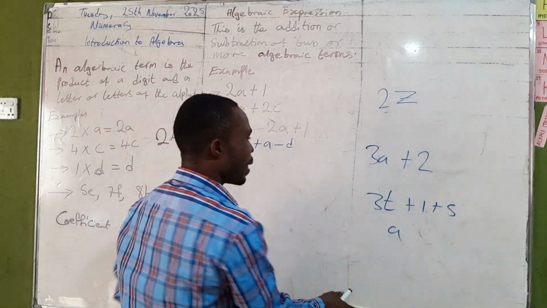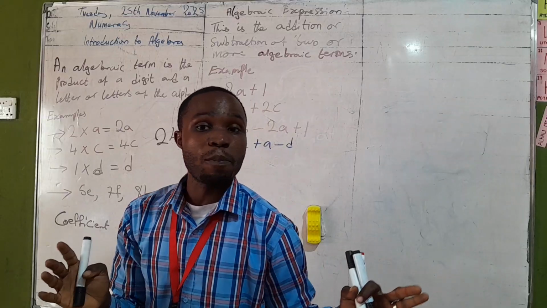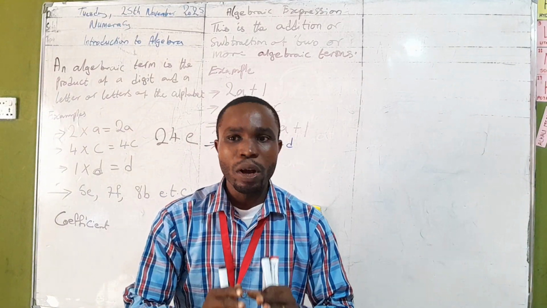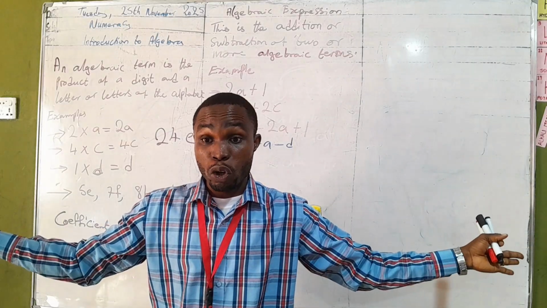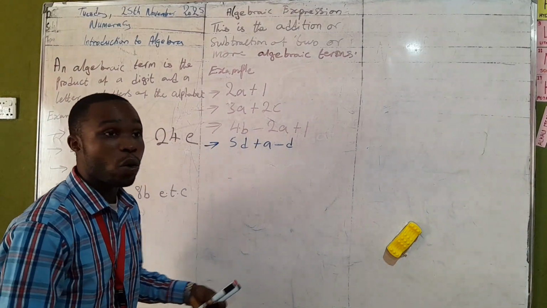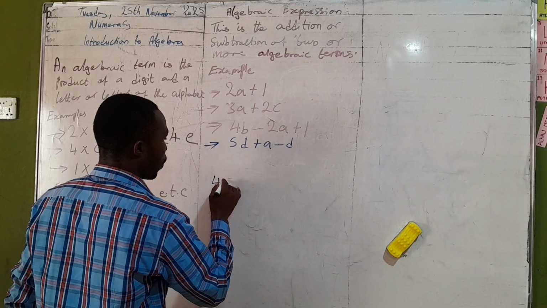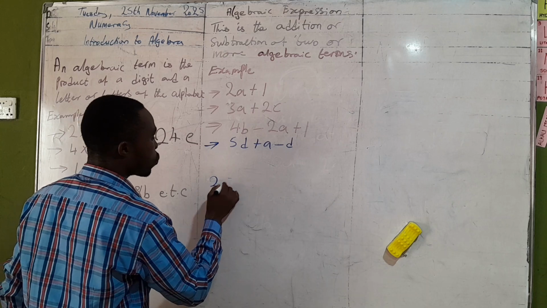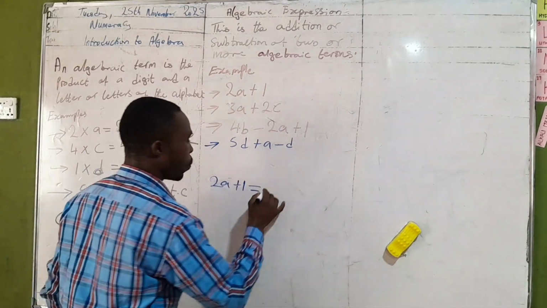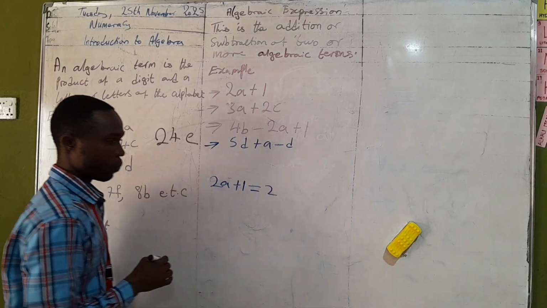The difference, now, in the algebraic equation, is that we have an equality part. We have an equality symbol that divides the expression into two equal parts. For example, for an algebraic equation, let's say you have 2a plus 1 is equal to 2.